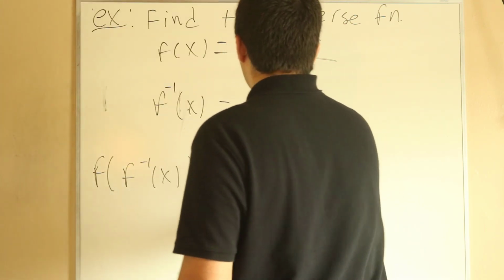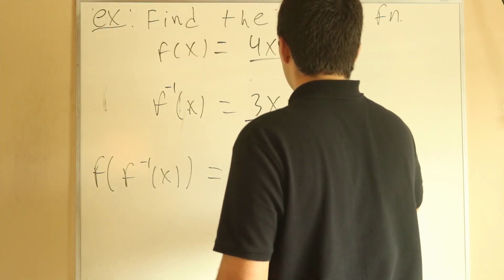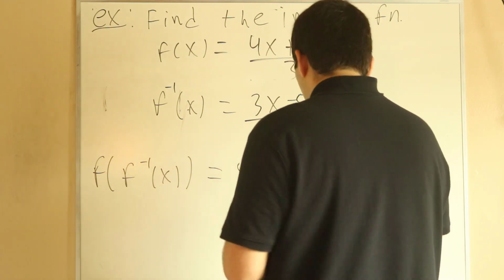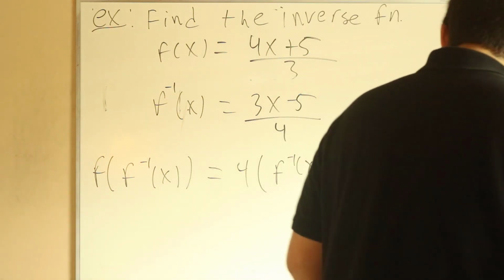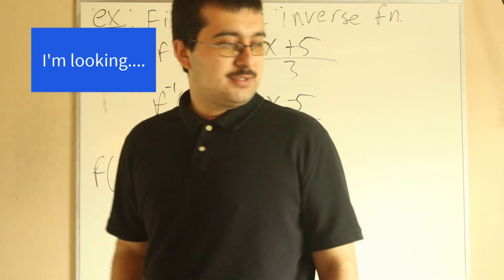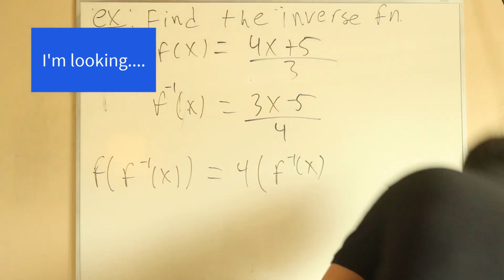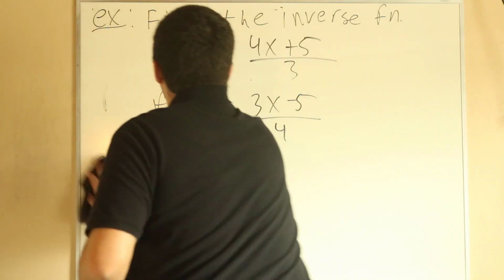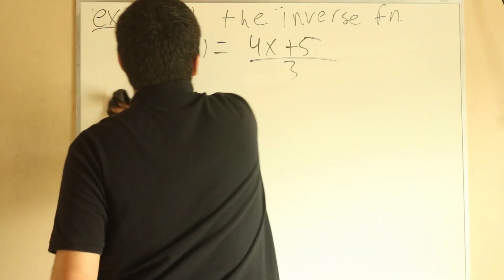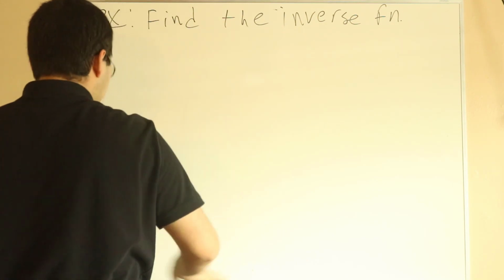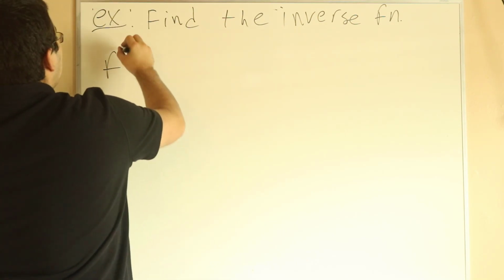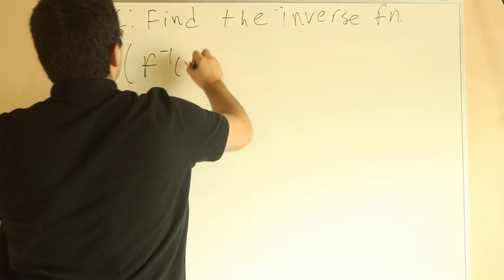So this means 4 times f inverse of x. And I've already seen I'm going to need more room, so let me go ahead and give myself that. I've lost my eraser. Oh, here it is. Going to need more room, so let me make sure I have plenty of room. I have f of f inverse of x.